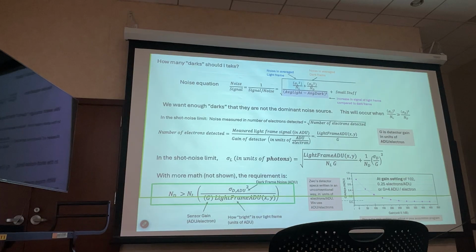You have to invoke the gain of the detector, because to get the so-called shot noise, which is what you want to be limited by, you have to convert from the ADU signal, which is what the sensor gives you, to the number of electrons actually generated, and that involves reading the gain of the detector from the ZWO or your sensor manufacturer's gain curve.